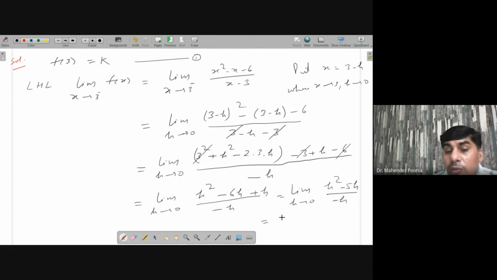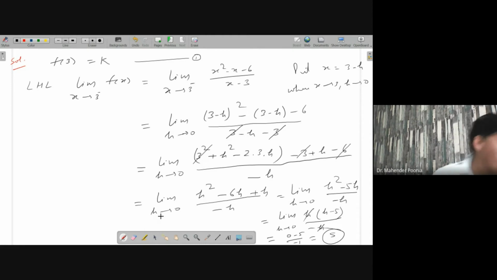Taking h common from the numerator, we have limit h tends to 0, h into (h minus 5) divided by minus h. This h is cancelled with this h. Put h equal to 0: 0 minus 5 divided by minus 1, which is equal to 5. So left hand limit is 5. Right?